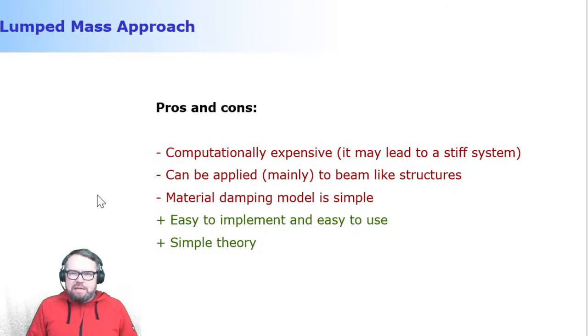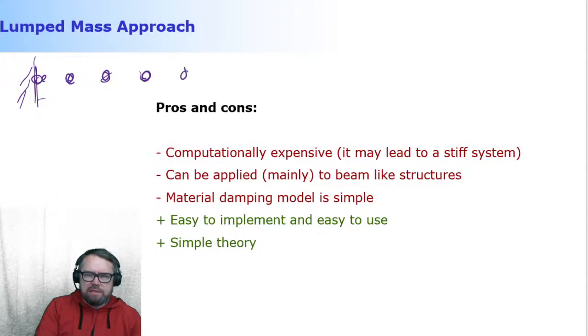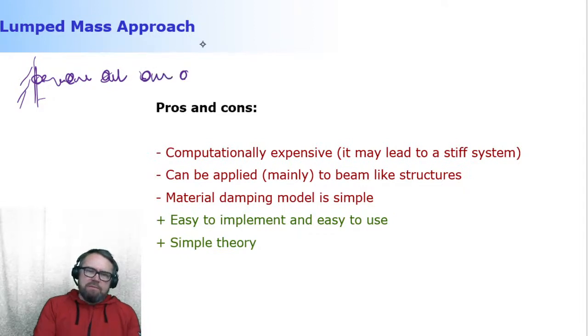Okay, so let me get started by explaining this numerically stiff system. Let's take a look at this. A cantilever structure, which is modeled by using this landmass approach, like this. Sorry that it is a little bit unclear picture, but then you have a force that is imposed, let's say like this.